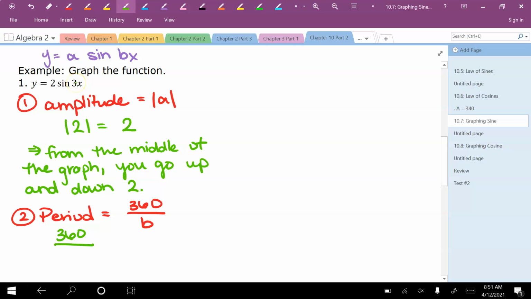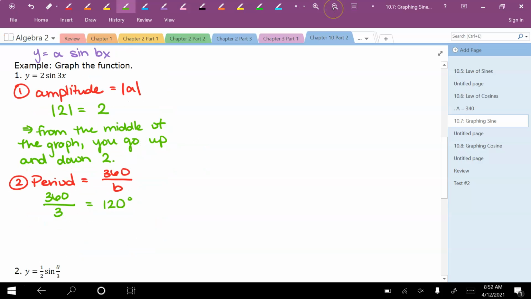That's the 3 from my equation up here. So I'm going to take 360 divided by 3, which is 120. So from 0 to 120 degrees, that's how long it takes for this whole function to go up, go down, and then come back up to the x-axis before it starts to repeat itself.